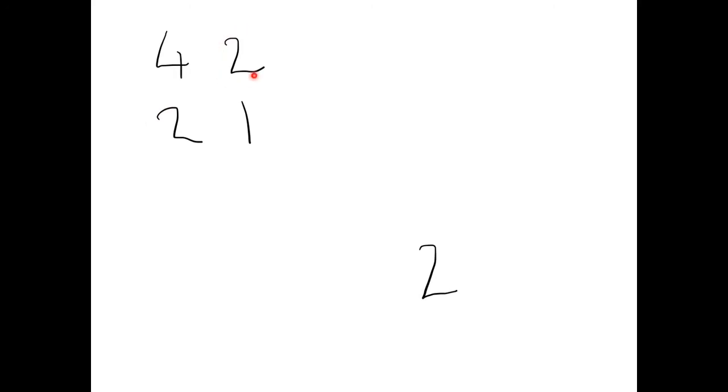In this example we will have 4 times 1 and 2 times 2. We then add the results of both of those together. So we have firstly 4 times 1 is 4, and then 2 times 2 is also 4. Added together, that makes 8.